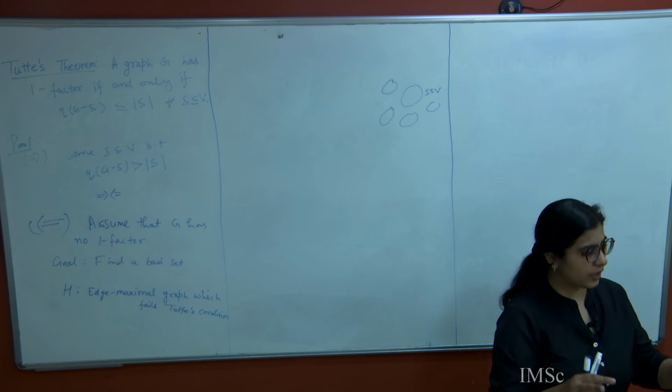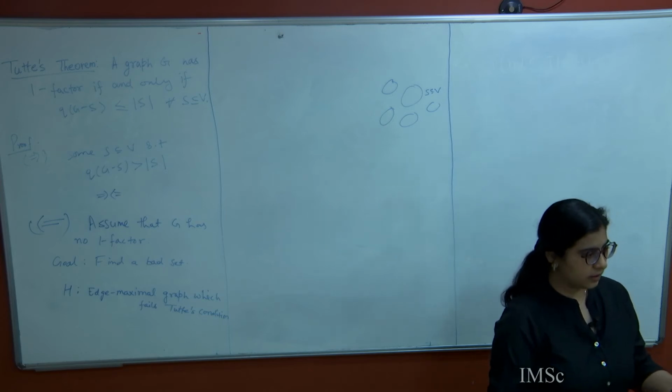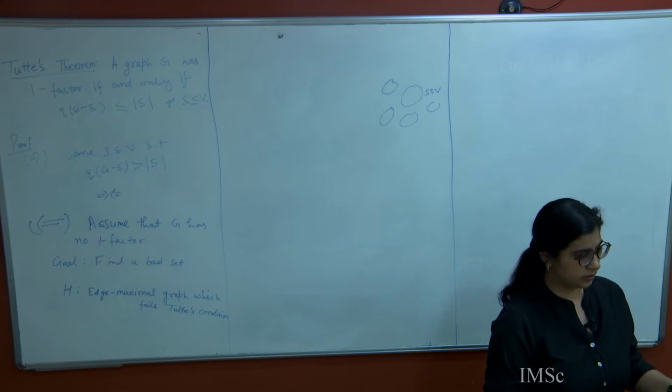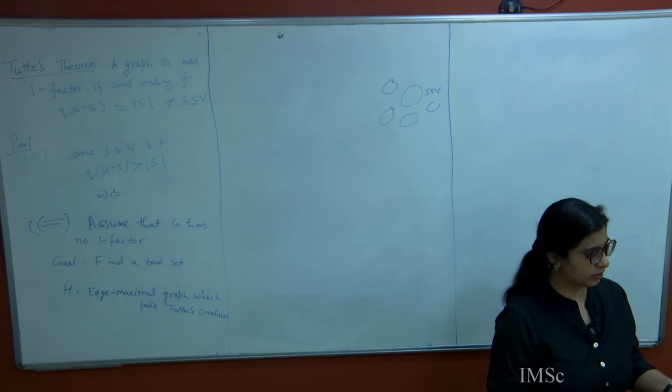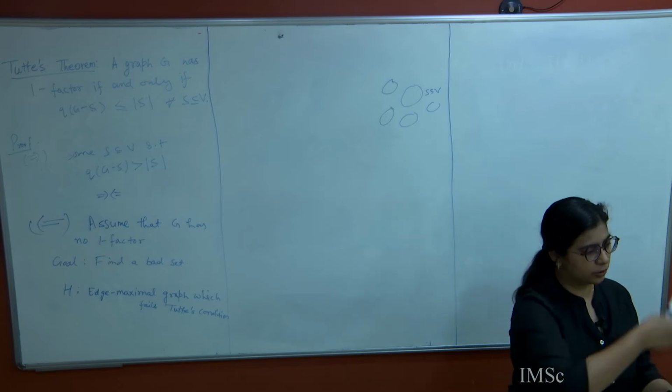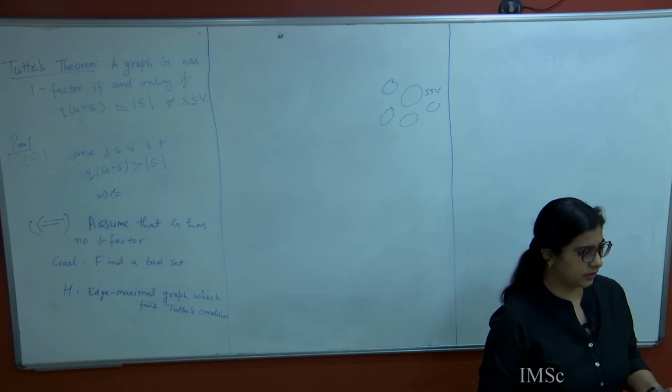Because even for even order, you may not have a one factor, right? Even an even order graph may not have one. But if you add all possible edges, you will have a one factor. Even a Hamiltonian cycle is enough to match all the vertices. So I can just add those edges.